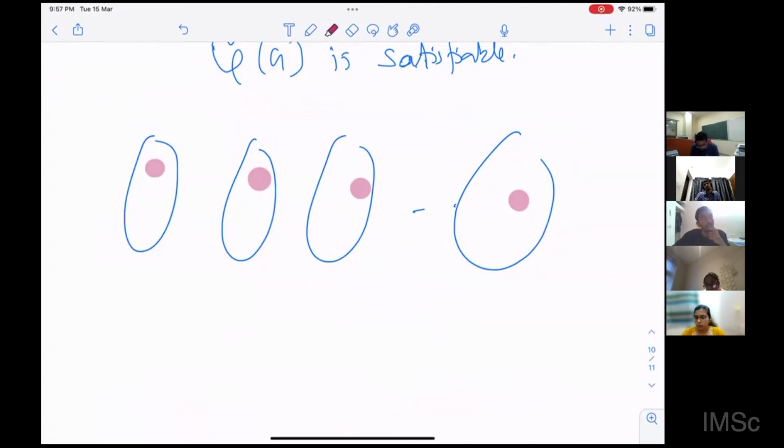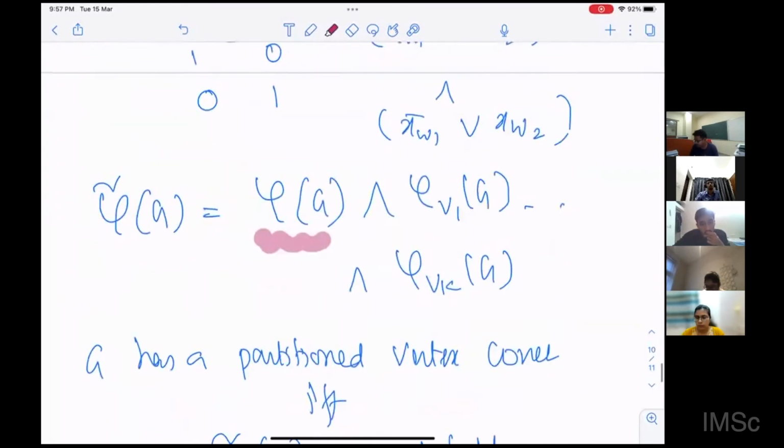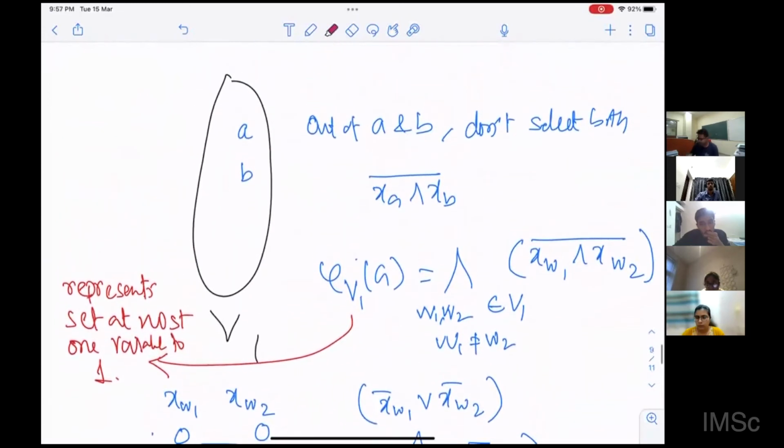Okay, I also have a question. You have written that we need to take at most one vertex from each partition. Should it not be exactly one? No, I'm saying that the formula I wrote only represents this fact. I'm not saying that this is not the goal. I'm saying what piece of formula I wrote only represents the fact that from this set of variables, you can pick at most one variable. That's all that I'm saying. I want something, but what I'm able to achieve is something else, and we'll get there.